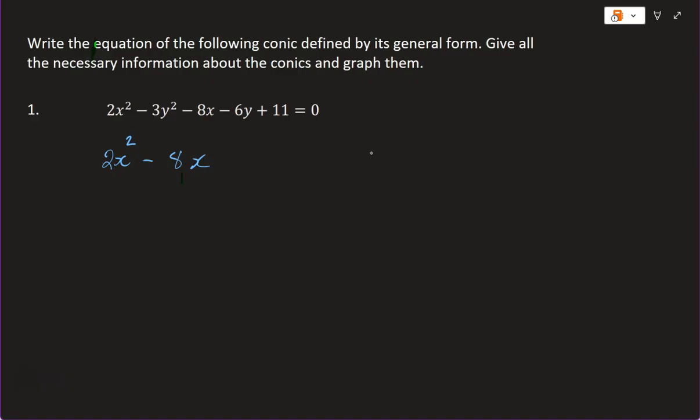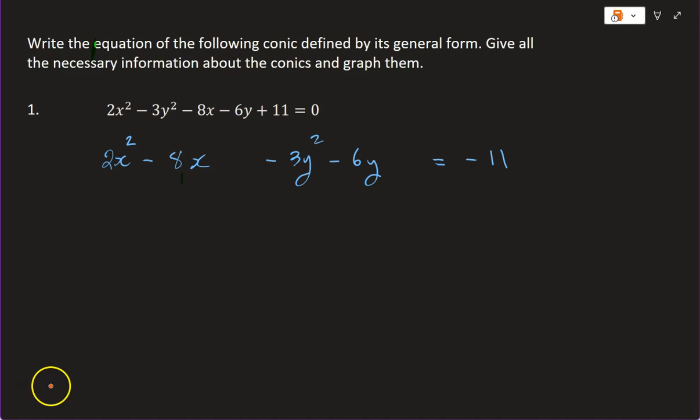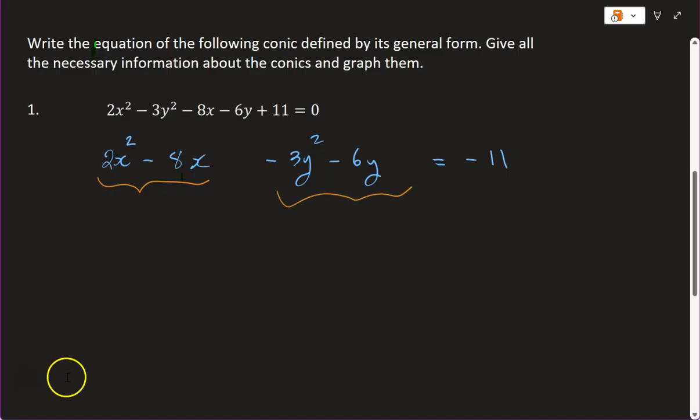So let's separate the x's and the y's, and then we're going to remove the 11. We're going to put it on the other side of the equation. So now we collected the x's and y's, and I separated them purposely so that you can see what is happening. There's still one term and there's nothing wrong with this.